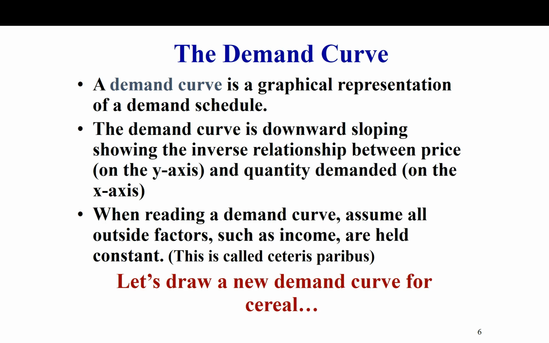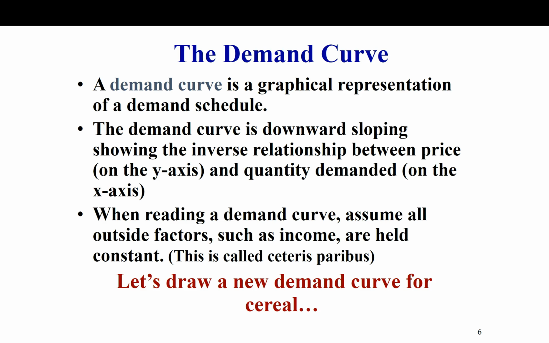And when we're reading a demand curve, we hold all outside factors, and by outside I mean external to price and quantity. We hold all other factors, such as income, constant when we're looking at this demand curve. And this expression of ceteris paribus is what we use to mean all other things being equal.